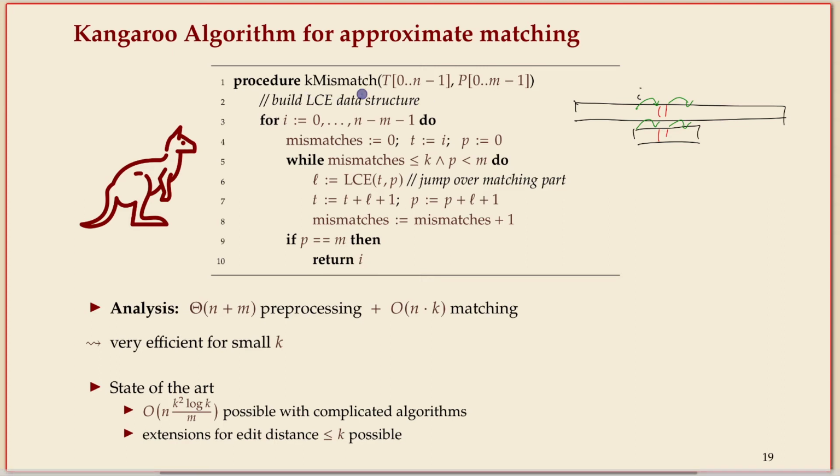apart from this line. How good is this? The pre-processing will be linear in the size of this text that we generate, and that's the text plus the pattern. So that's length n plus m. And the pre-processing will be linear in that length. That's the part you haven't seen. And then the matching part is this loop. This outer loop runs n times, n minus m, but don't get too pedantic about it.